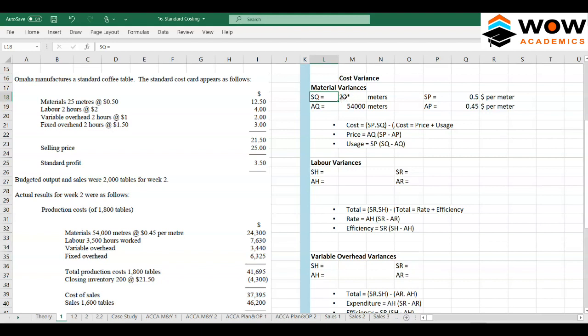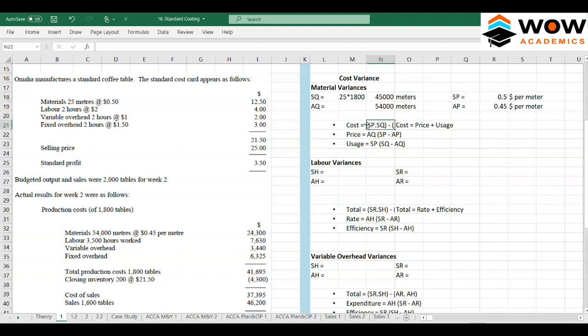How many units did we produce? We produced 1800, which is the actual. So multiply this, then only you'll get the answer. So that answer comes to 45,000 meters.